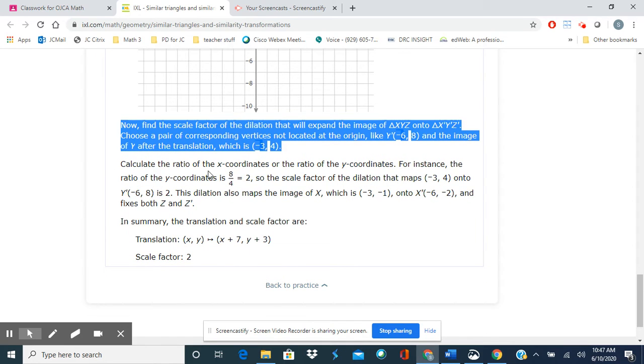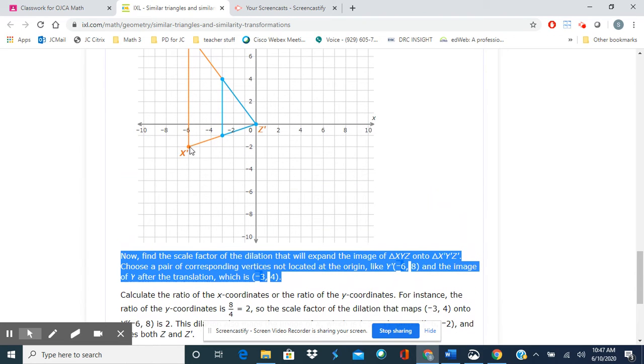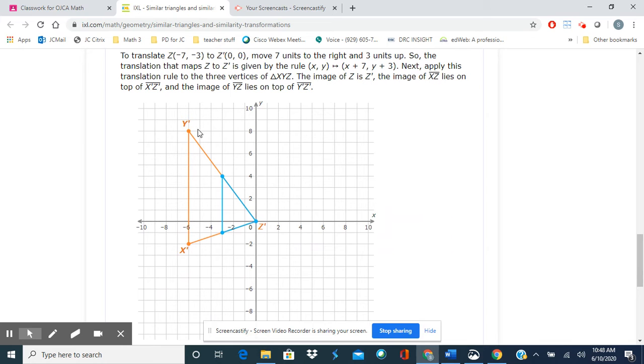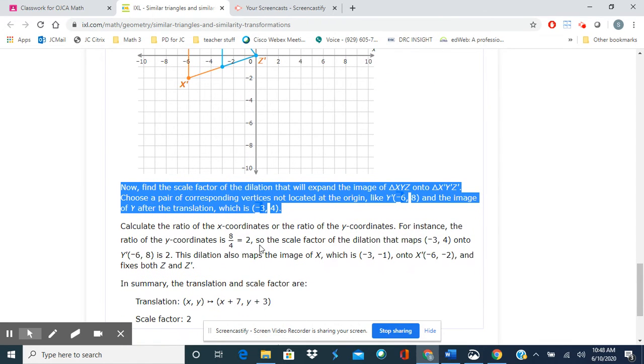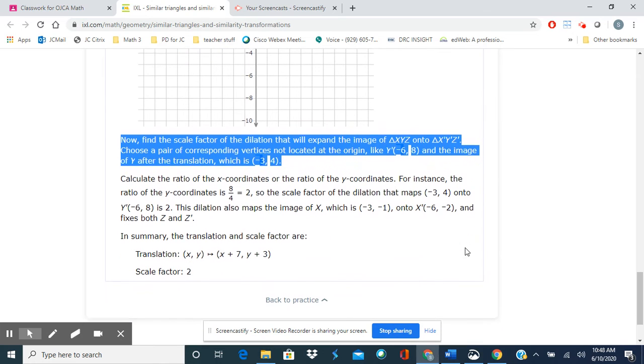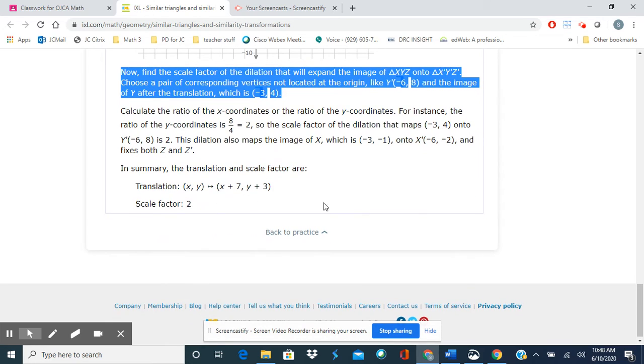When you're calculating the ratio of x coordinates or the ratio of y coordinates, for instance, the ratio of y coordinates would be 8/4. They got that because of where our y and our y lie, which is 2. So the scale factor of that dilation means that (-3, 4) onto (-6, 8) is a dilation of 2. So that's how you get your scale factor.